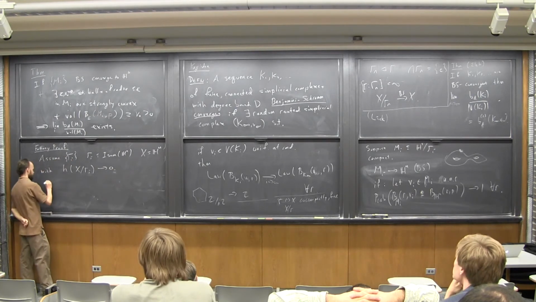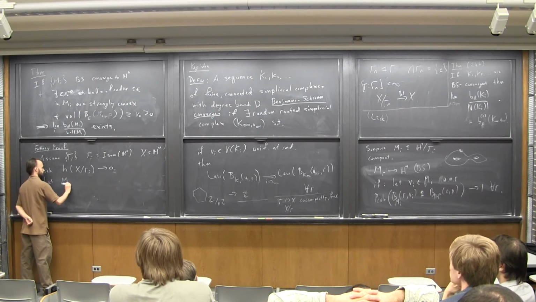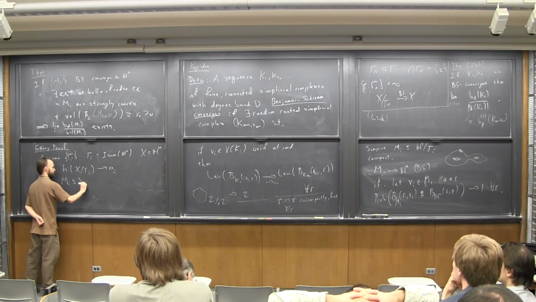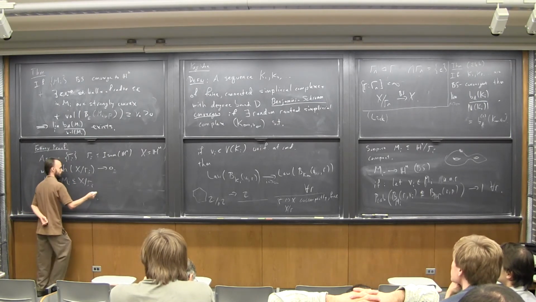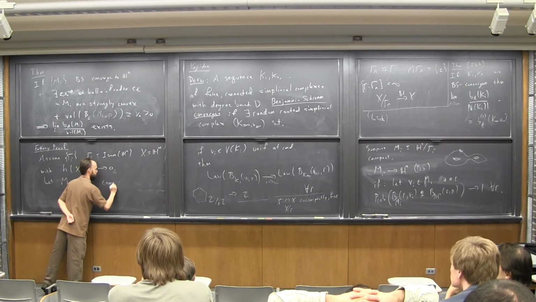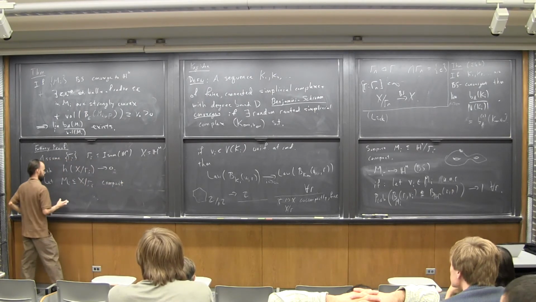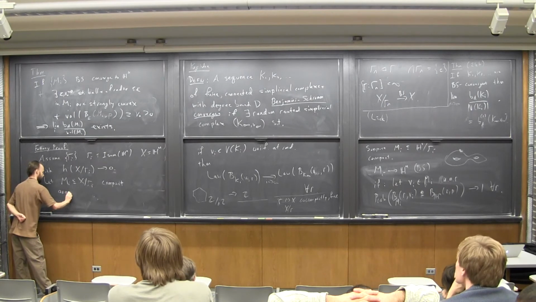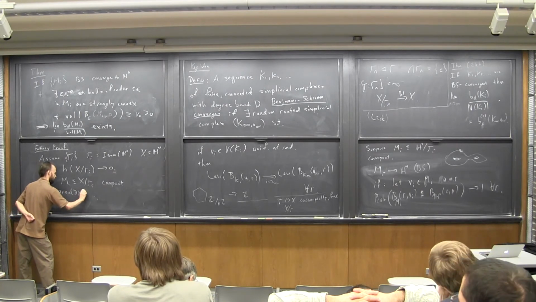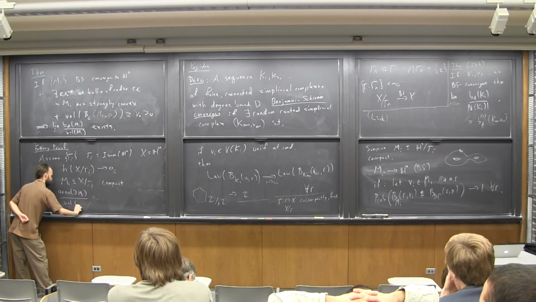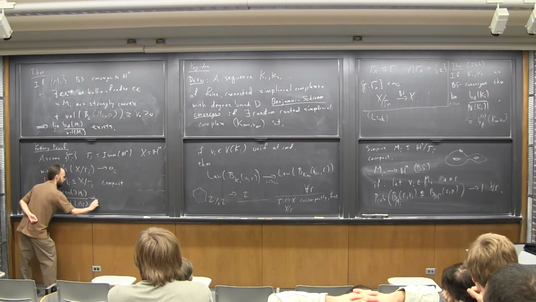Okay, so the idea is that we let M_i be a compact submanifold with area to volume ratio tending down to 0.